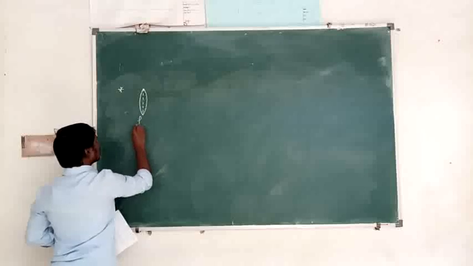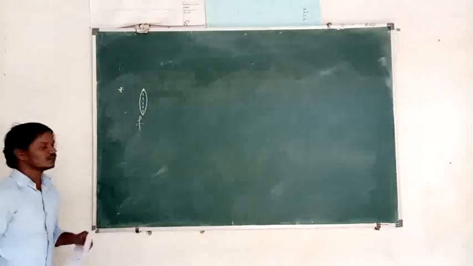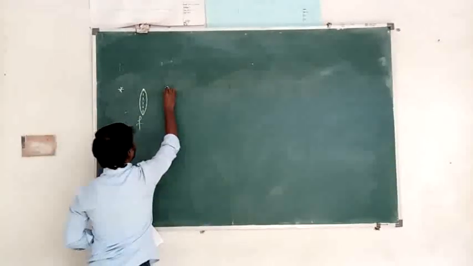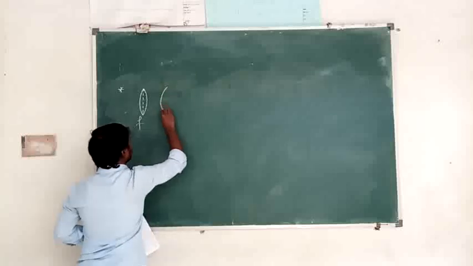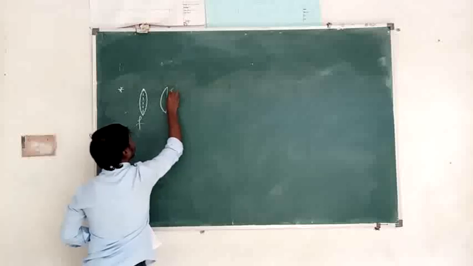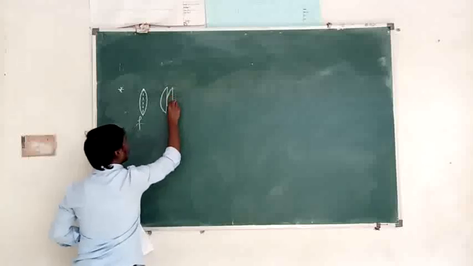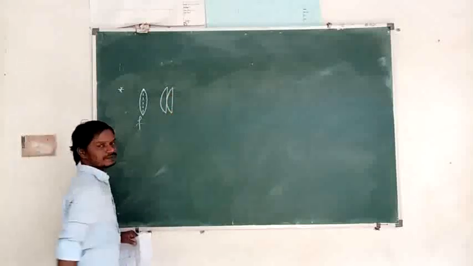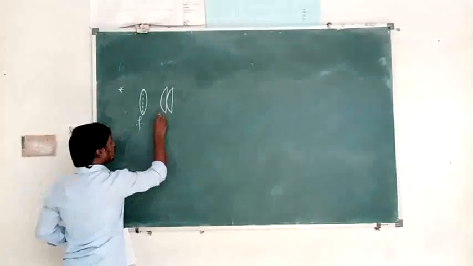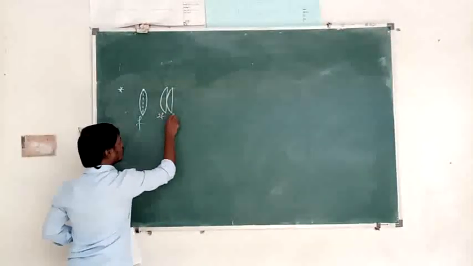What is its focal length? Its focal length will be f only. Then next, again two plano convex lenses, they are combined like this. Then what is the focal length of a plano convex lens? Already we discussed that it is 2f. So the focal length of each plano convex lens is 2f and 2f.